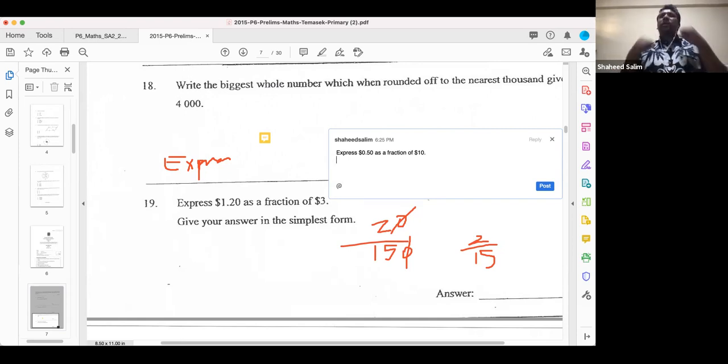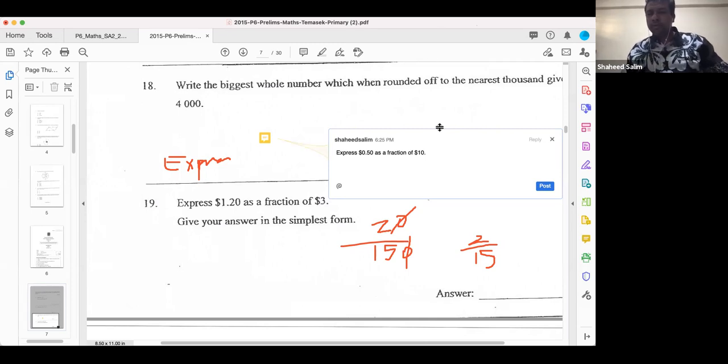Change it to cents, and then you write the fraction. First answer coming in.